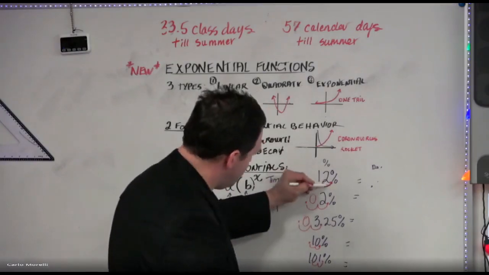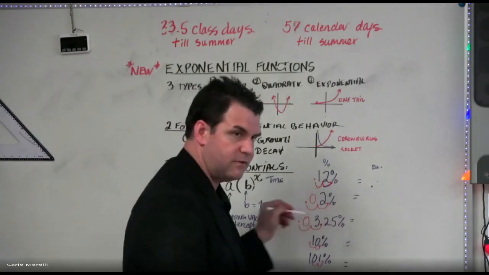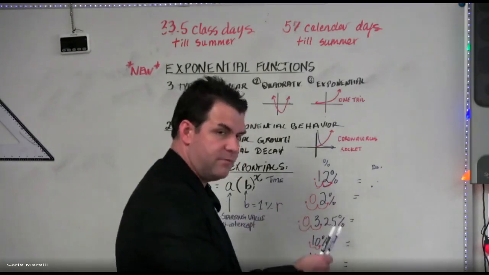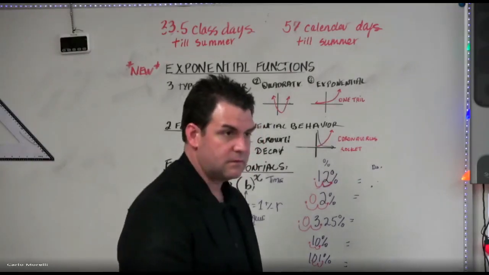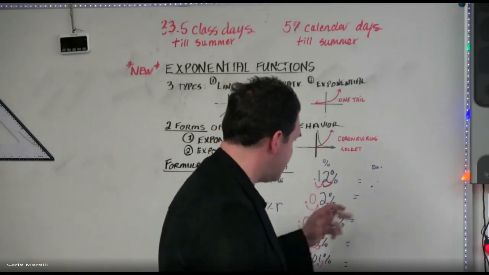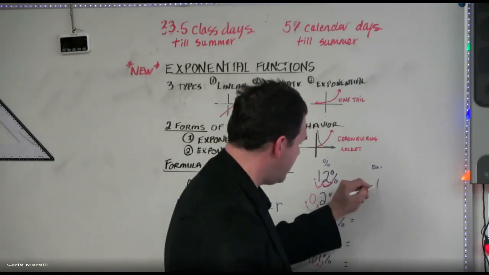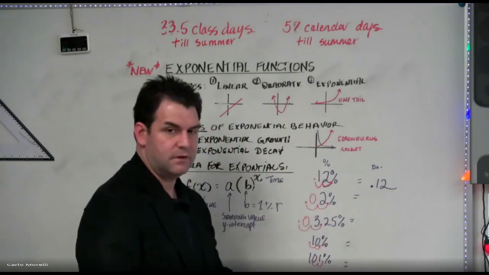This is 0.12, right? We move it over 2 places. 12% becomes 0.12. Do you understand? Okay, that was my mistake. I was getting excited about putting the zeros. 0.12. And then here, 2% becomes 0.02.